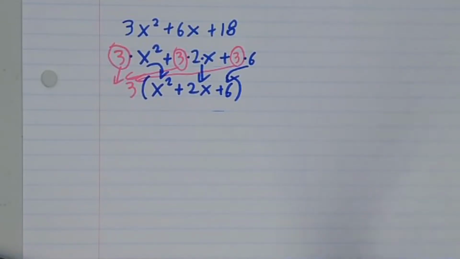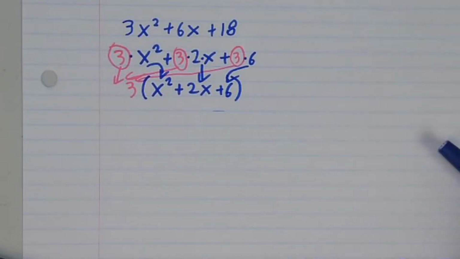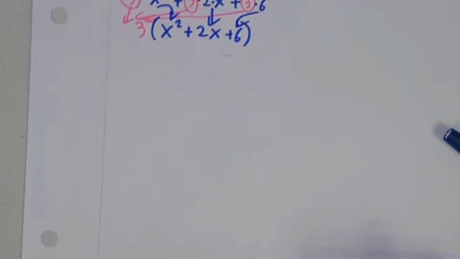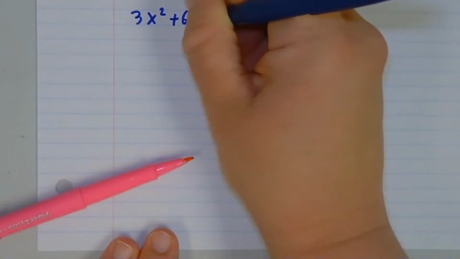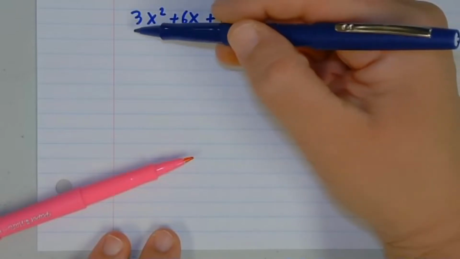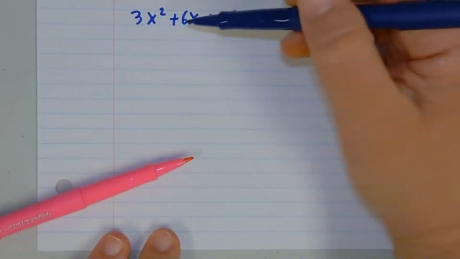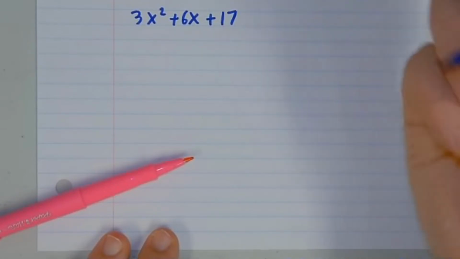So, that doesn't always work because I don't always have a factor I can pull out of each of these. For example, if I have the very similar problem, 3x squared plus 6x plus 17, then there's nothing I can do. I could still write this as 3 times x squared, this is 3 times 2x, but 17 isn't a multiple of 3.